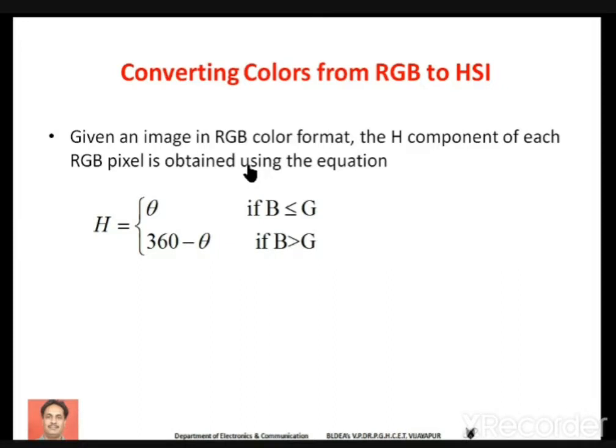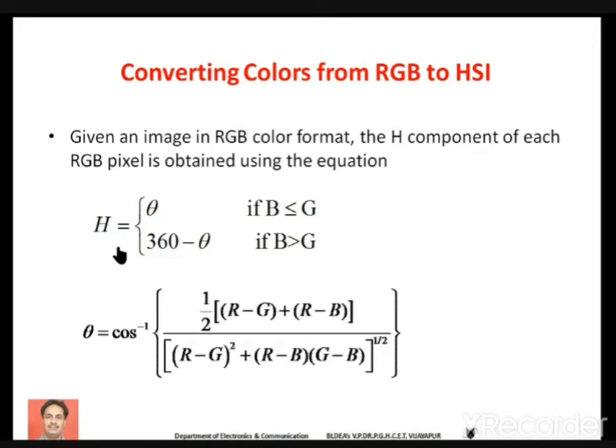Assume that you are given a pixel with RGB values. We know that in the RGB color format, each pixel is given with the amount of red value, green value, and blue value. Now, the procedure to convert these pixel RGB values into equivalent HSI values is like this. First, you have to check whether the value of blue color is less than or equal to green.